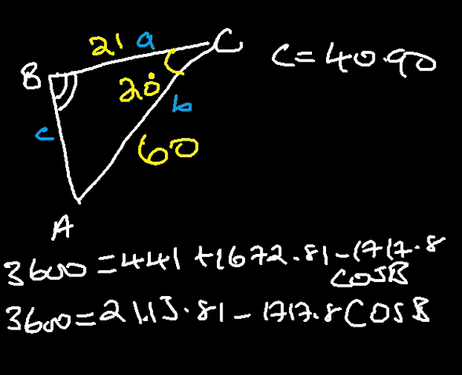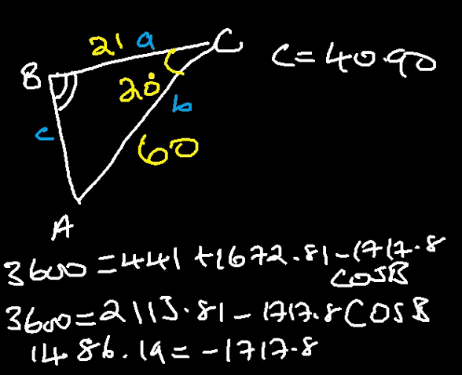Then I'm going to transfer this to the other side. So 3,600 minus 2113.81 will be given as 1486.19, and that will be equal to negative 1717.8 times cos of angle B.